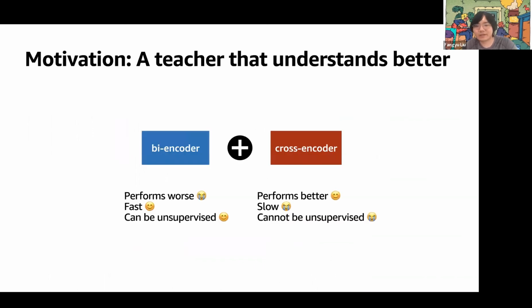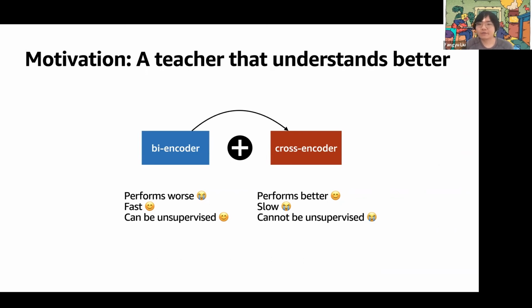Let's just revisit the pros and cons very briefly. Bi-encoder performs worse, but it's faster and can be trained unsupervised. Cross-encoder performs a lot better, but it's really slow and it cannot be trained completely unsupervised. So we will propose a model that can train a cross-encoder in a completely unsupervised way. The idea is that we will use a bi-encoder, which is trained in an unsupervised way, to generate data for the cross-encoder to learn.